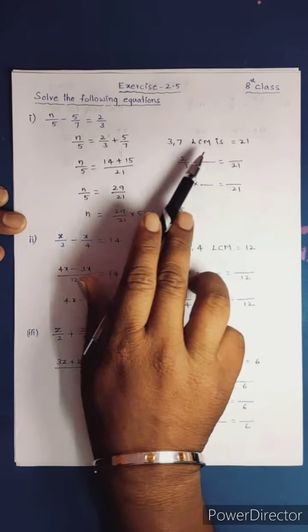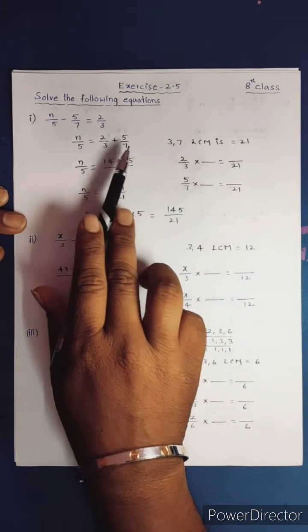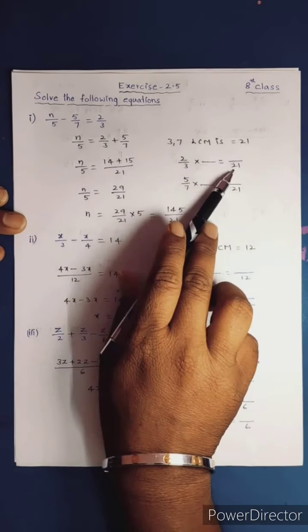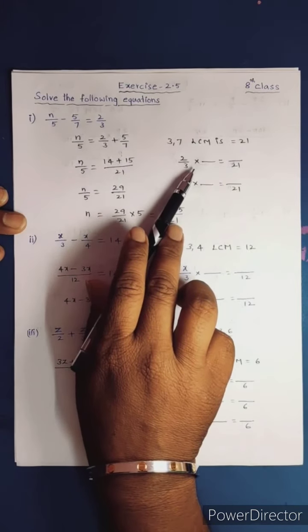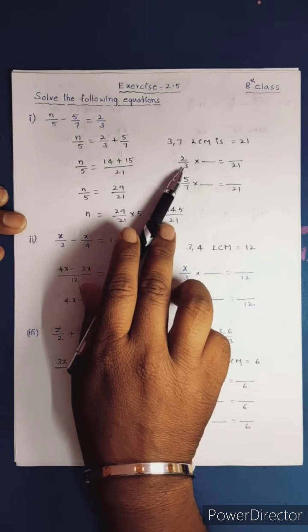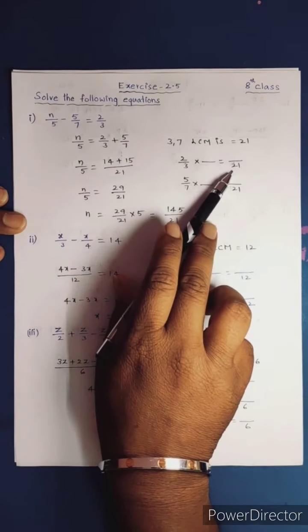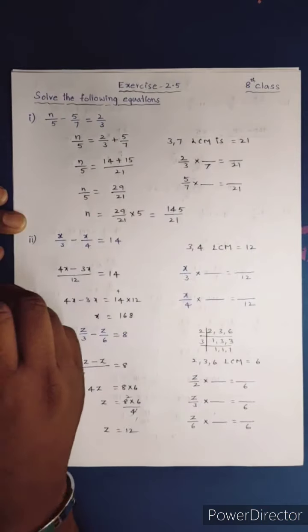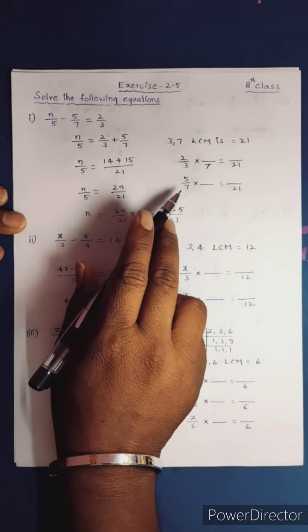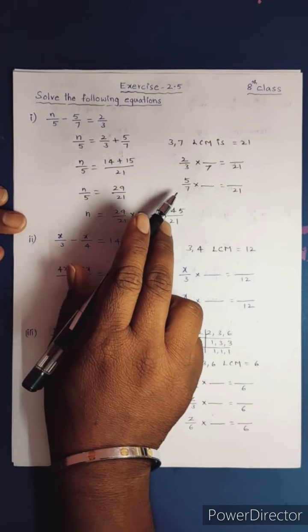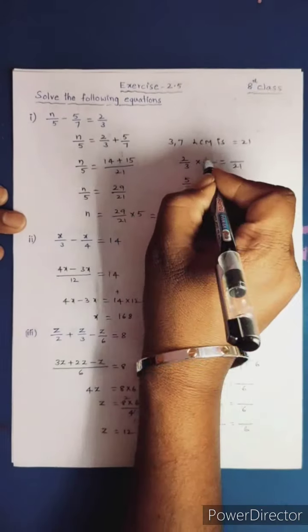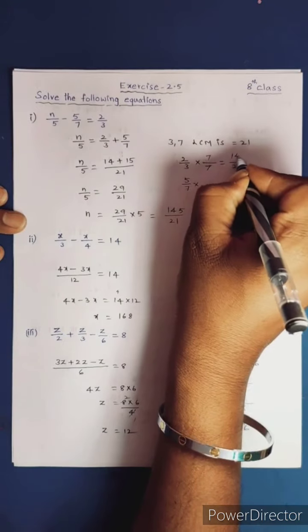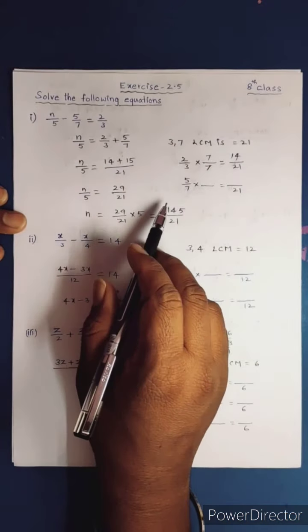So I multiplied 3 with 7, and automatically multiply the numerator also with 7. 2 sevens are 14.